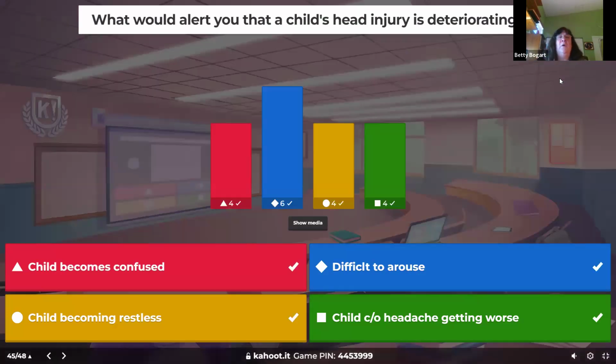I think the biggest one of all of them is the difficulty to arouse, just amnesia. They're getting confused or getting restless. And then, of course, the headache is getting worse. And most likely, they're vomiting now, no relationship to any eating either. They're just vomiting.